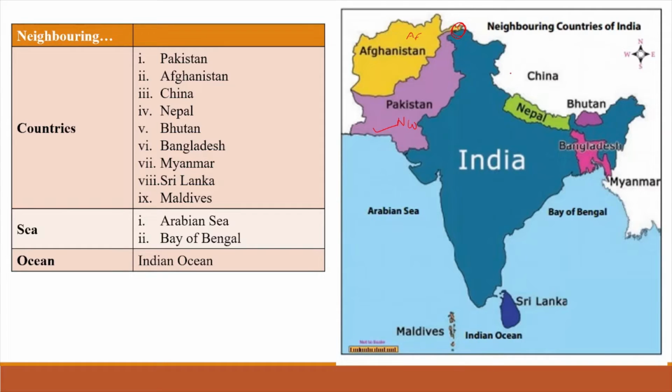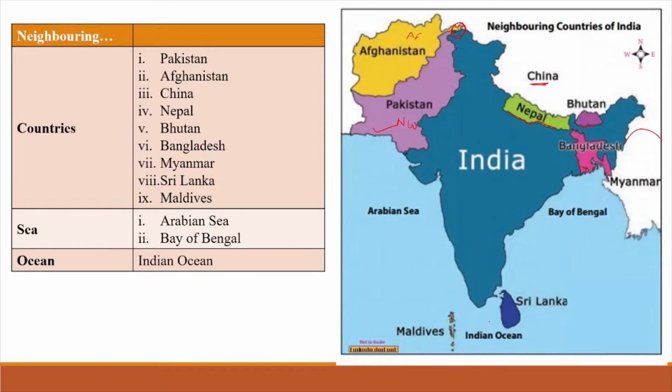On the north and the northeastern part, we have China. We have Nepal sharing borders with India, Bhutan as well. We then have Myanmar over here in the southeastern part, as well as Bangladesh.